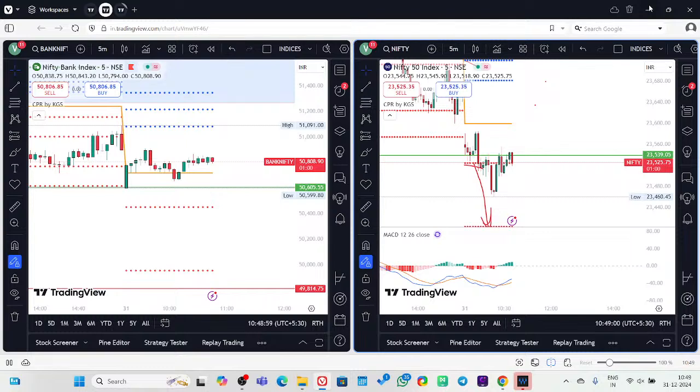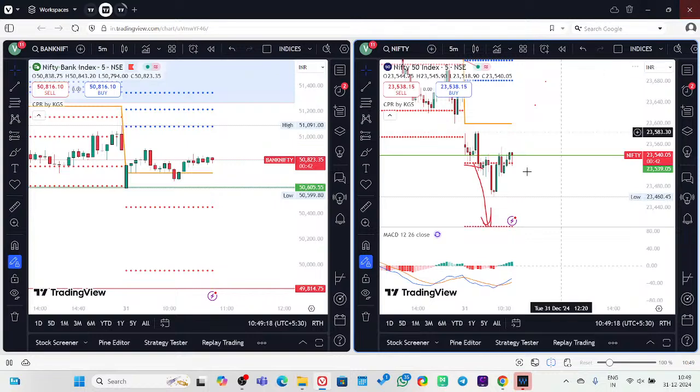So there is no particular one way or the strength in the market. That's why both buyers and sellers are fighting.